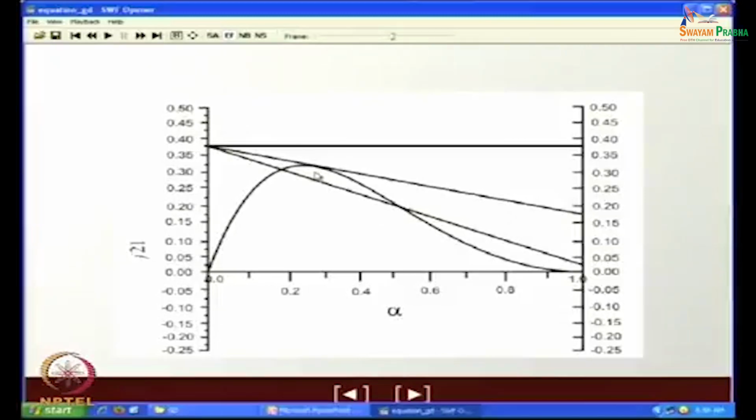It is quite expected that beyond the flooding point, there is no stable operation; either there will be a change in the flow pattern due to which this curve is going to change, or there will be some amount of rejection of material from the flow passage. Whatever it is, the flow is not going to be stable, or it is not going to retain the same interfacial characteristics as it had earlier.